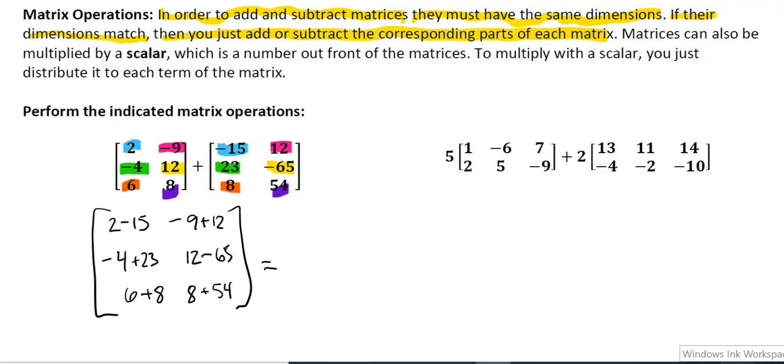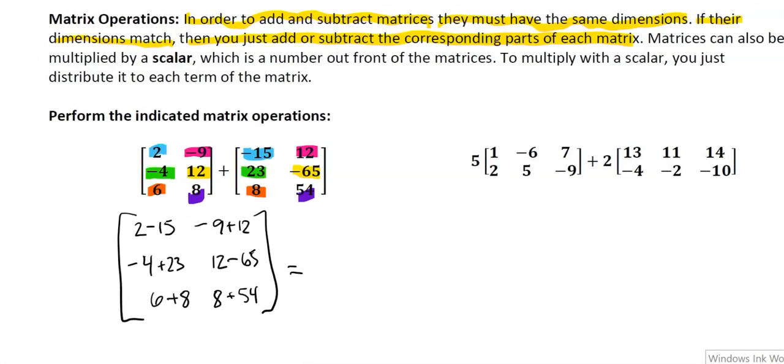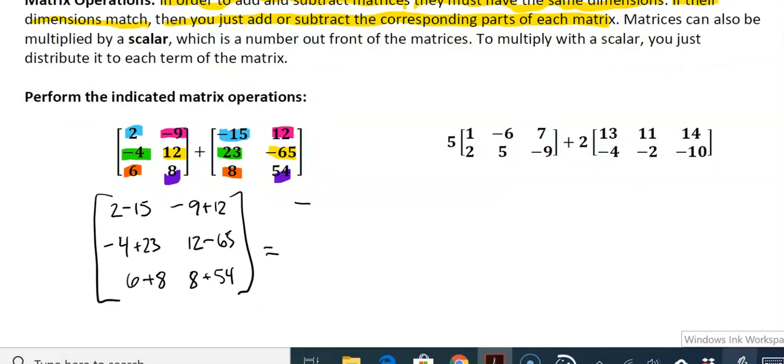And then we can simplify this. 2 minus 15 would be negative 13.